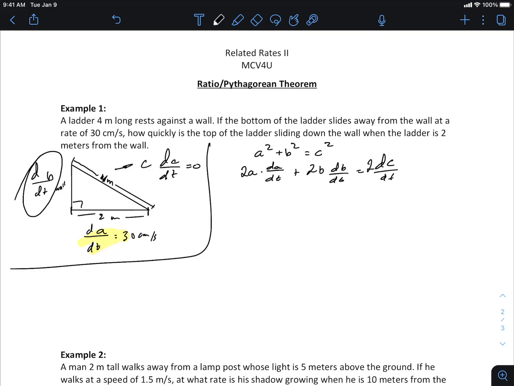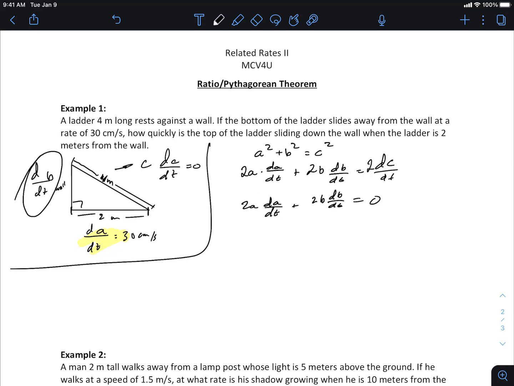The catch is that we know dC by dt is equal to 0 because the length of the ladder is not changing. So we end up with 2a dA by dt plus 2b dB by dt equals 0.